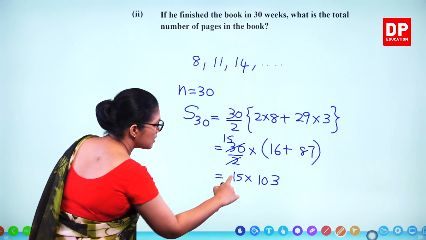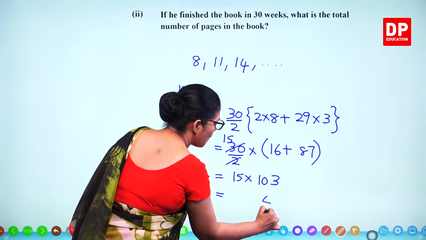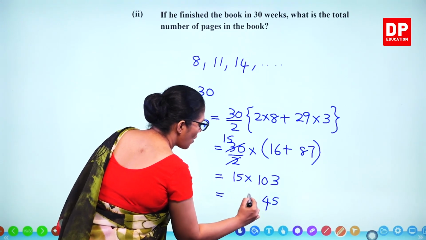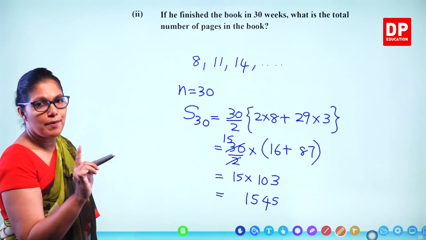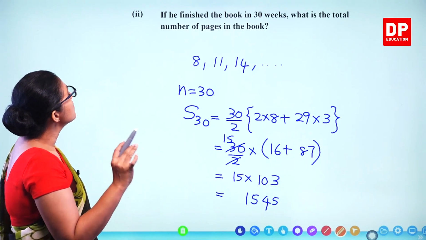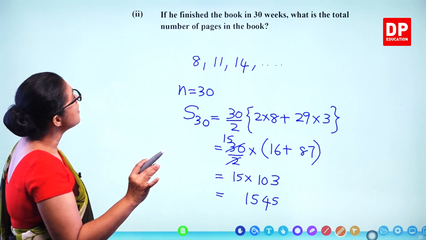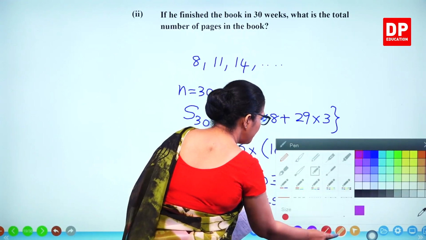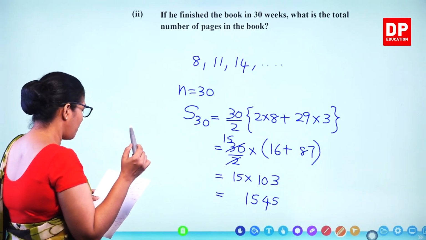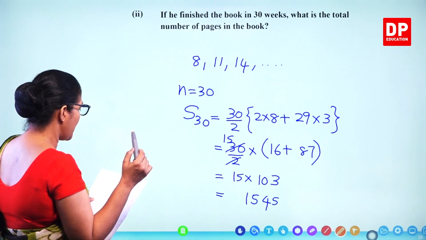So we can easily multiply. 15 times 3, 45. 15 times 1, 15. 1545 pages is the number of pages in the book. So how many marks for this one? 2 marks for that.